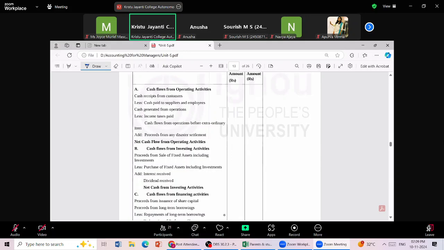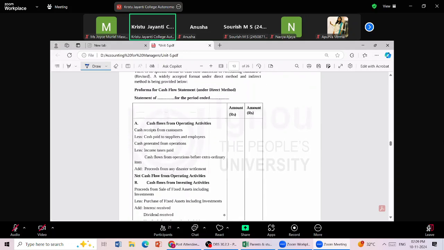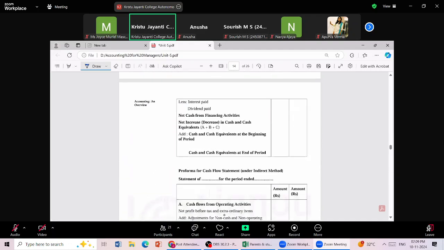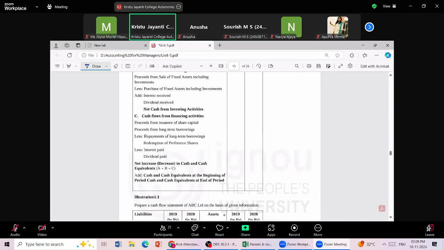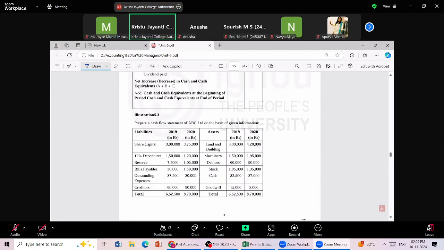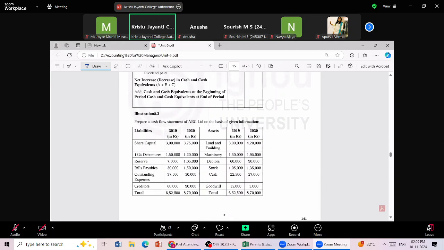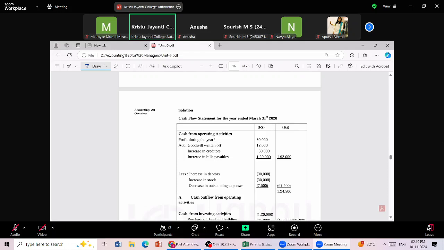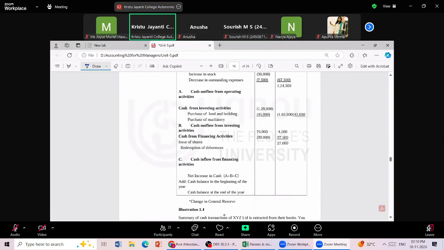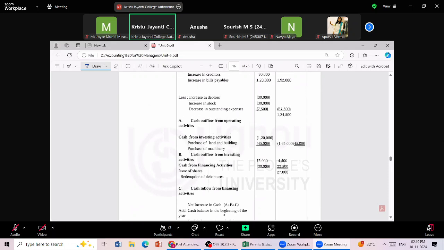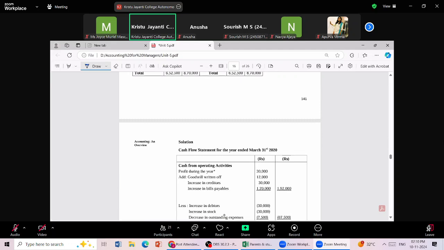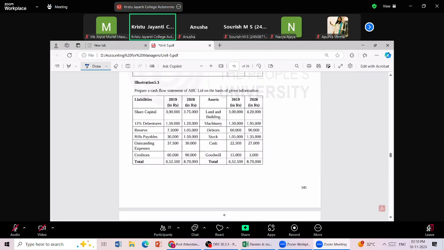Here the entire data of the cash flow statement of the three activities, operating, investing and financing, is being shown. Here the preparation is given, the same as the previous question. You have to understand where there is an increase and changes, and then we record the item. So here you can see cash from the operating item, profit during the year.